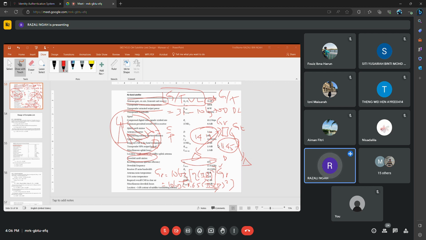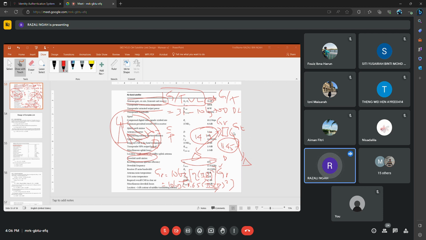So in simple words, why we use a high frequency for uplink is because we are not constrained in having higher PT and higher GT on the transmitting station.